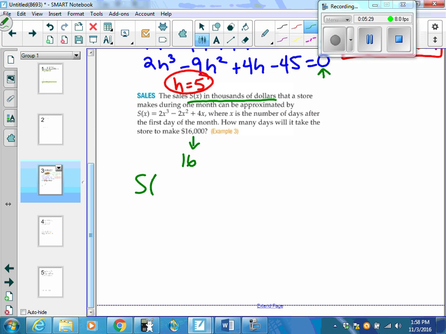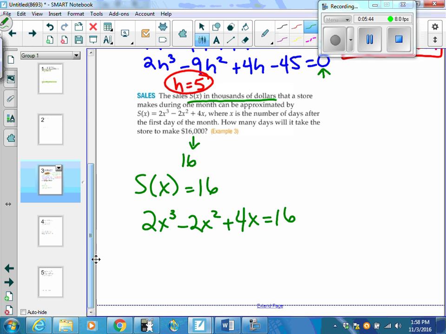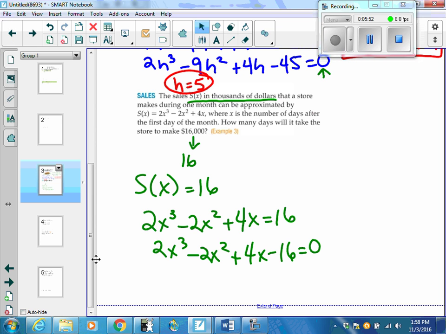So S of X equals 16, and then we can set up a function for that, just like we did on the first problem. 2x cubed minus 2x squared plus 4x equals 16, and we bring everything over to one side. 2x cubed minus 2x squared plus 4x minus 16 equals 0. I'm going to plug that in my calculator.